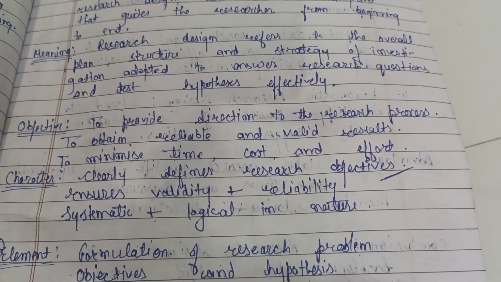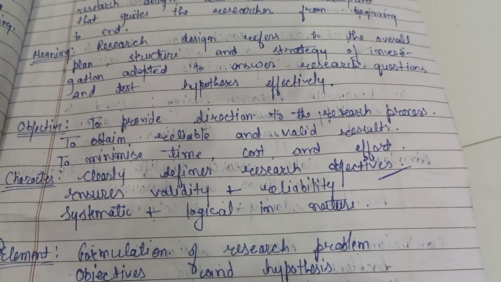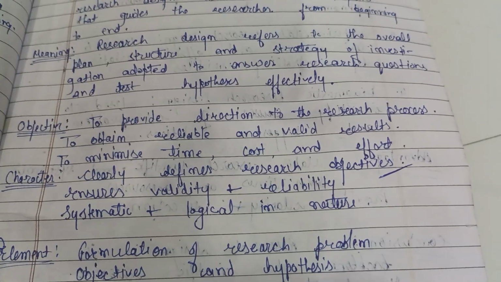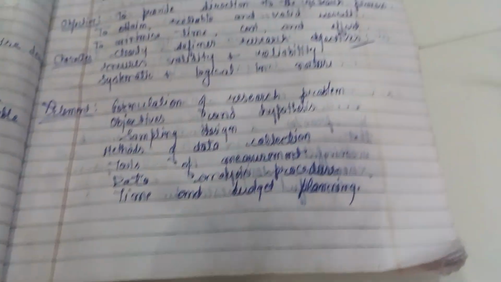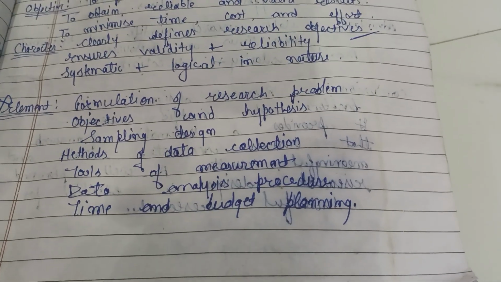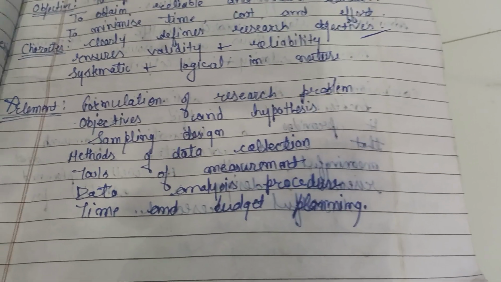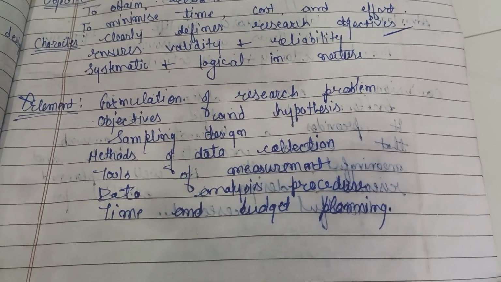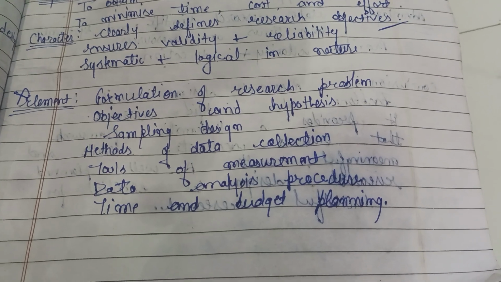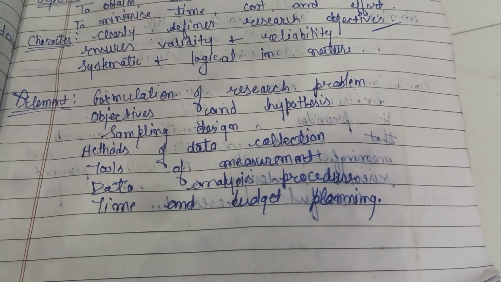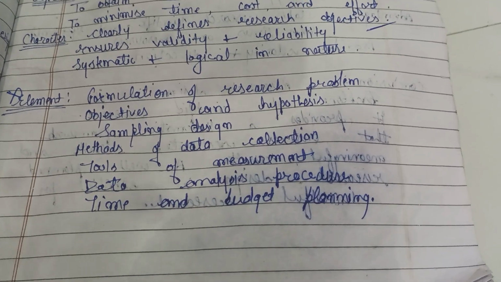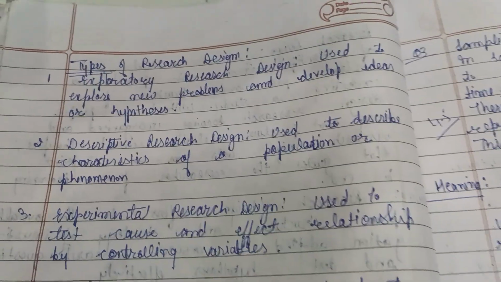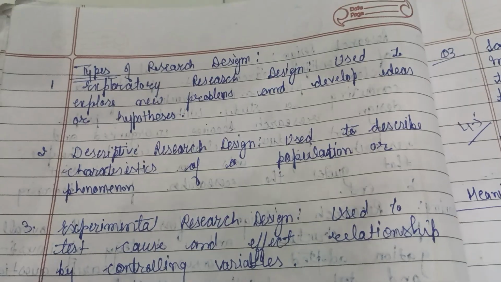Characteristics: clearly define research objectives, ensure validity and reliability, systematic and logical in nature. Elements: formulation of research problem, objective and hypothesis, sampling design, methods of data collection, tools of measurement, data analysis procedure, time and budget planning.